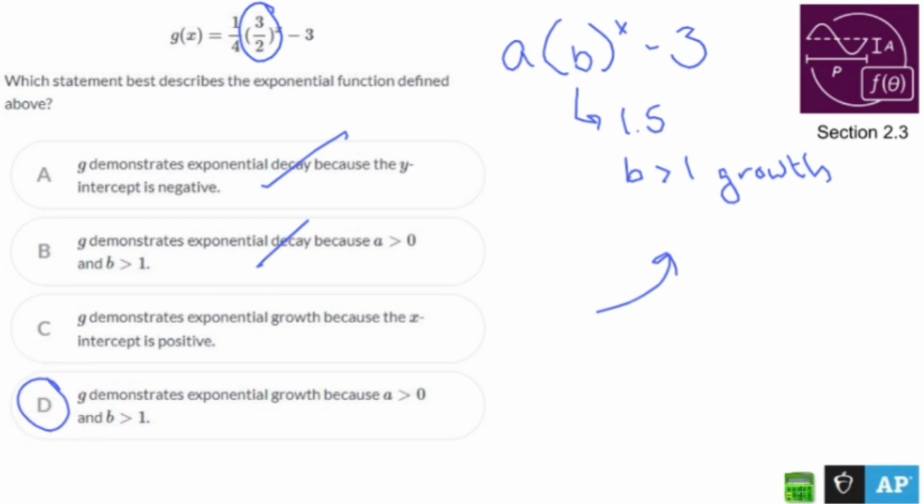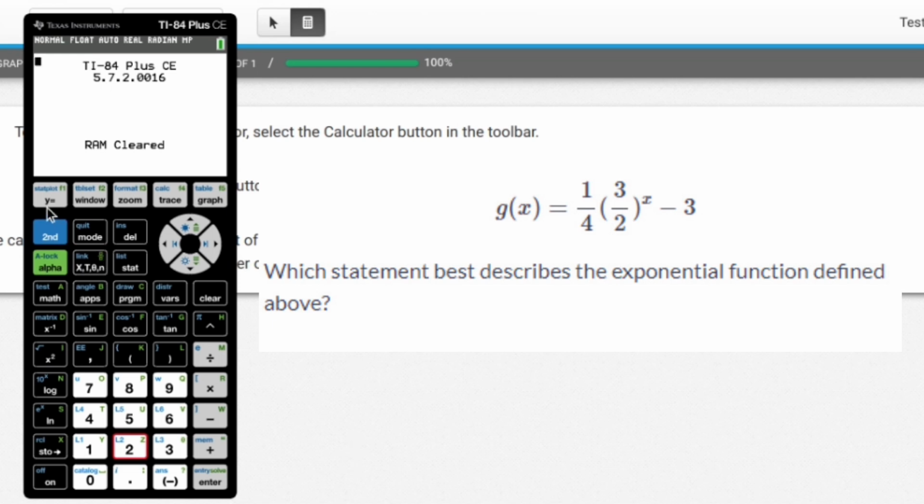Now, let's throw this into a calculator and make sure everything is good. All right, so even though I didn't need my calculator, let's type it in and see what happens anyway, just to make sure that we got D correct. So I'm going to type out parentheses 1/4. I like to do extra parentheses with fractions because I'm nervous. 3 over 2 is going to be my growth factor.